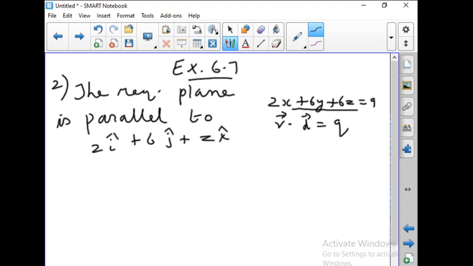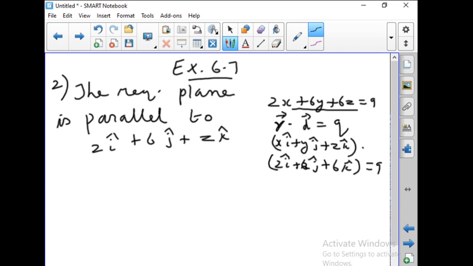Okay, so can you understand this? r vector is xi cap plus yj cap plus zk cap dot 2i cap plus 6j cap plus 6k cap equal to 9. So taking dot product, we get this. So this d vector is what we have written here.